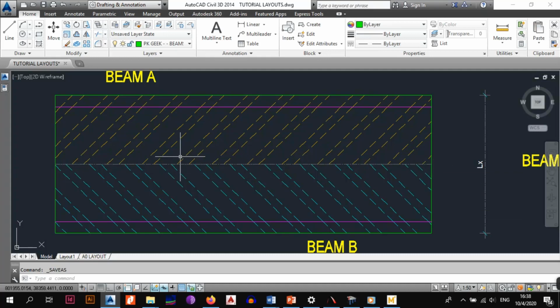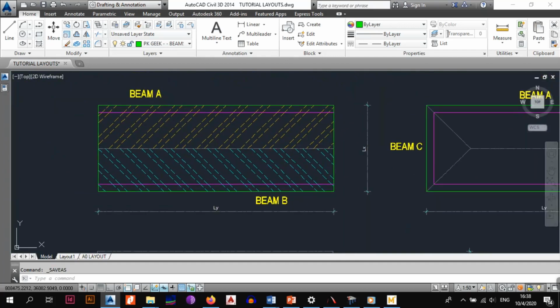One half transmits its loads to the top beam, and the other half transmits its loads to the bottom beam, in this case B.